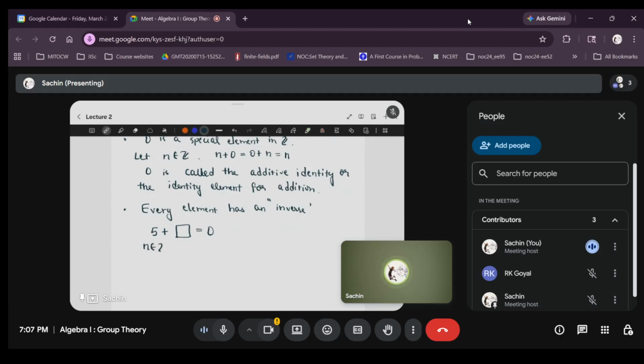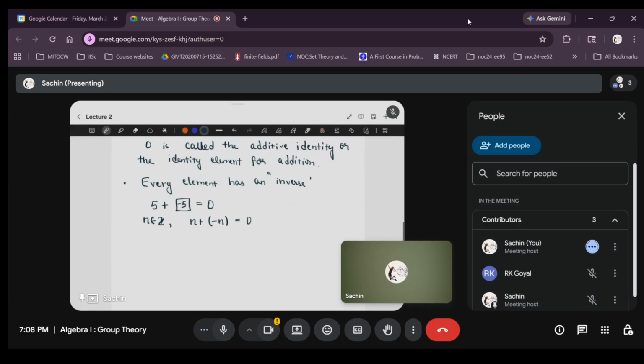So for any n in Z, minus n is also an integer, and n plus minus n is 0, which is the identity element. So this property is held by every integer, and for 0, minus 0 is simply 0, so the inverse of 0 is 0.